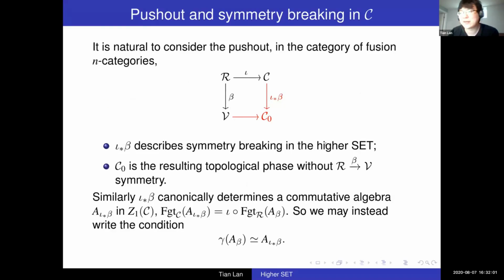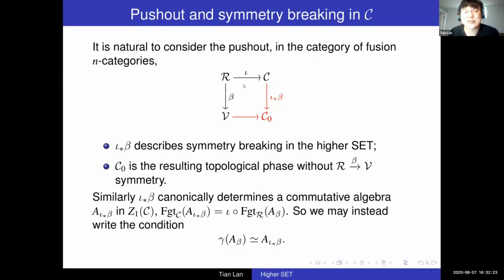There are immediately some applications or results or conjectures. So the first thing is we can formulate the symmetry breaking in the higher SED phase. And the way we do it is to just consider the push out in the category of fusion categories.